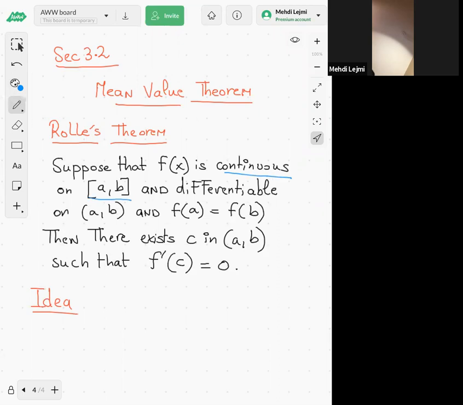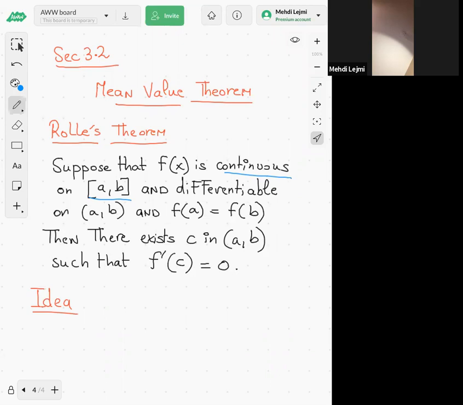In the previous section, we said that f would have an absolute maximum and an absolute minimum, because it's continuous on a closed interval. But here, your global maximum or global minimum could be the endpoints of the interval.